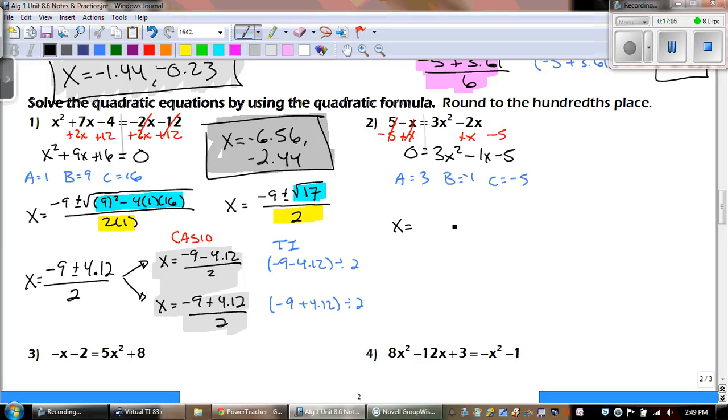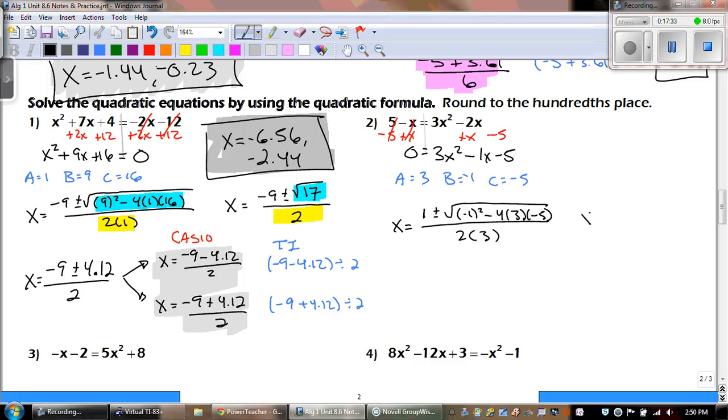X equals the opposite of B. Well, it's a -1 right now, so the opposite of a -1 is a +1. So opposite of B. Plus or minus the square root of b squared minus 4ac all divided by 2a. Cool.